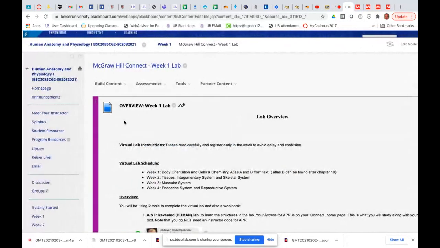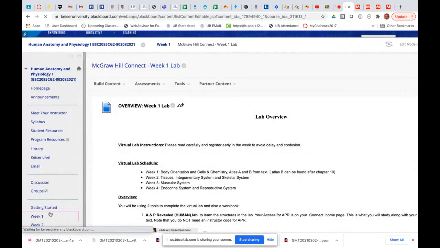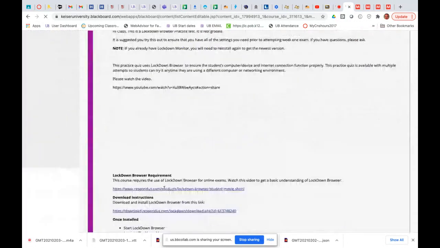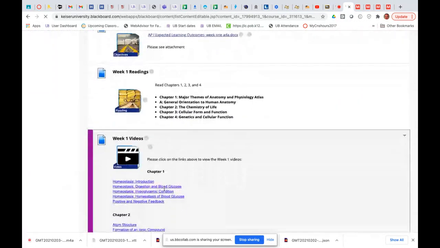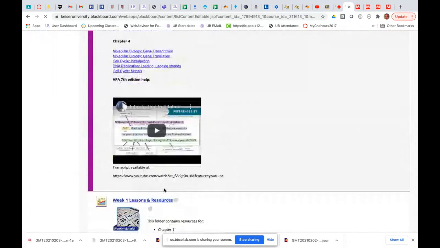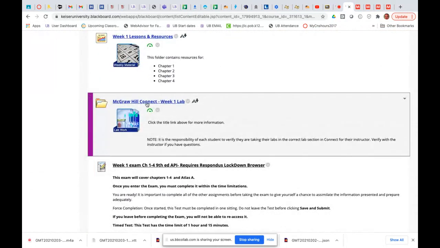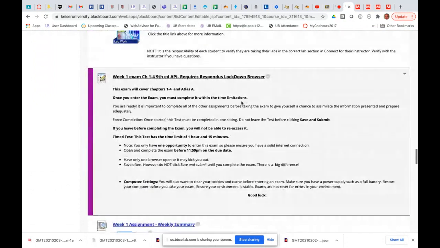Let's go back into week 1 again. Let's just scroll down. I think what's left is the discussion board. We did the readings, we did the videos, we did the McGraw Connect. This is how you connect to your lab. That's how you're going to register, so read the directions.